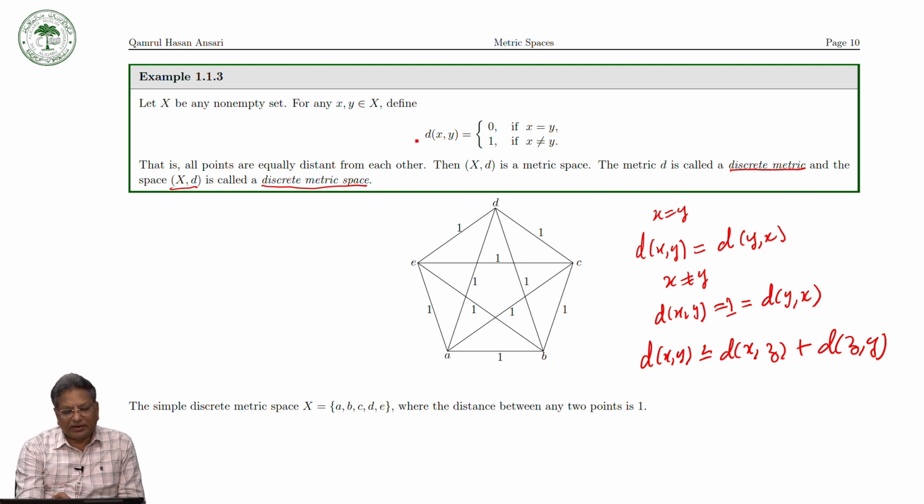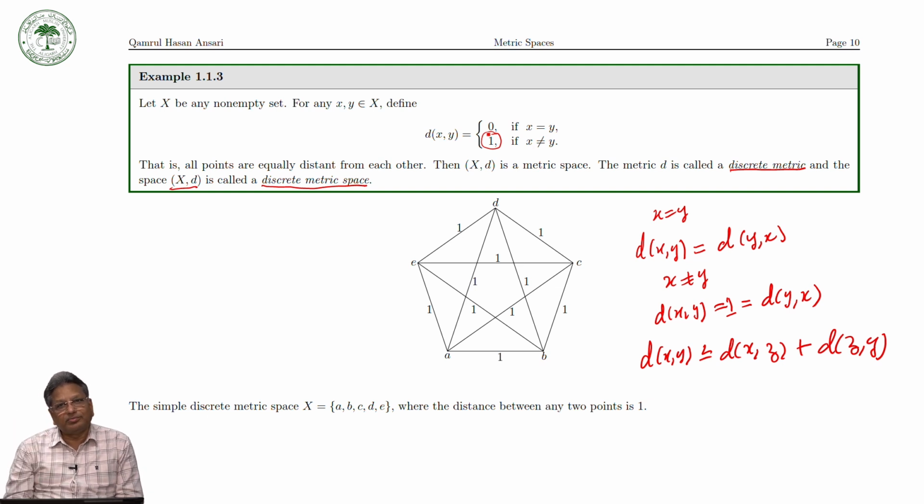Or we write d(x,y) is equal to 0 when x is equal to y, and it is half when x is not equal to y. Or 1 over 3, or here we can replace it by 3, 4, 5, 100, 10, 20, 30, 40, anything.